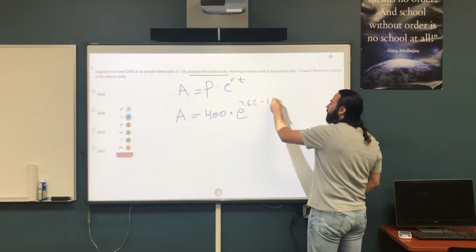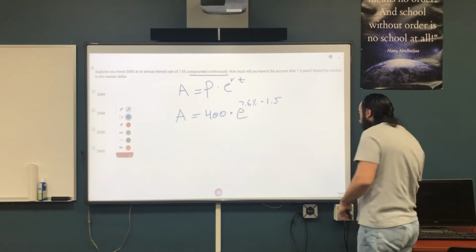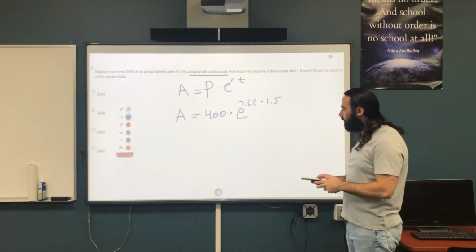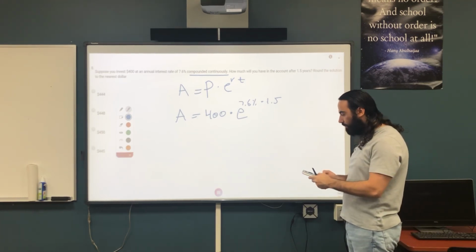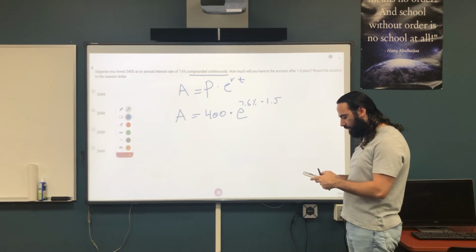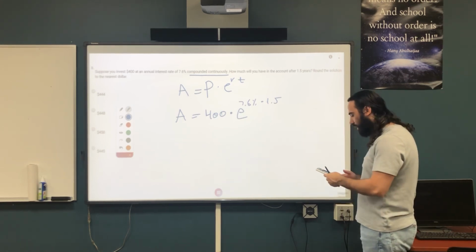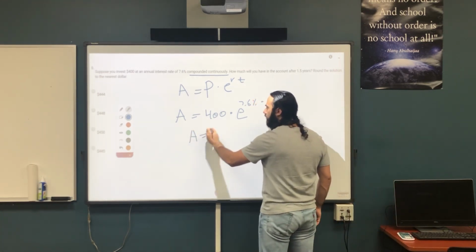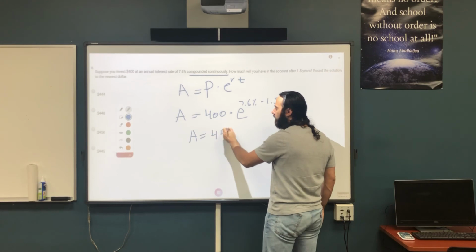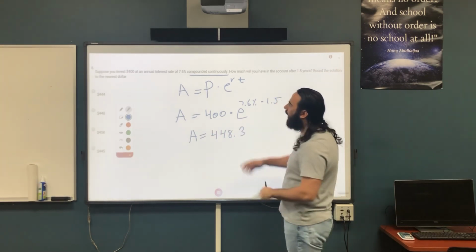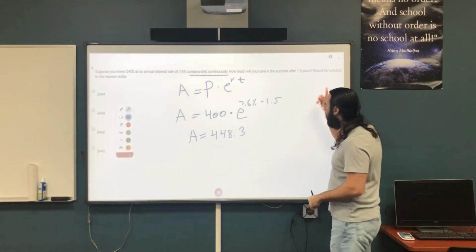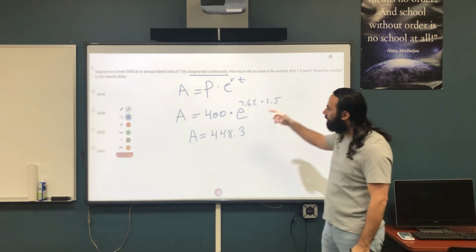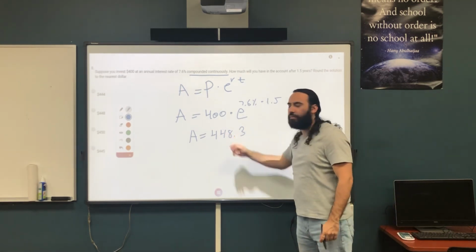Times 1.5. So now we're going to do the same thing: 400 times e to the power of 7.6% times 1.5. The answer is 448.3. So the amount will be 448.3. After a year and a half, I'm going to earn about $48.